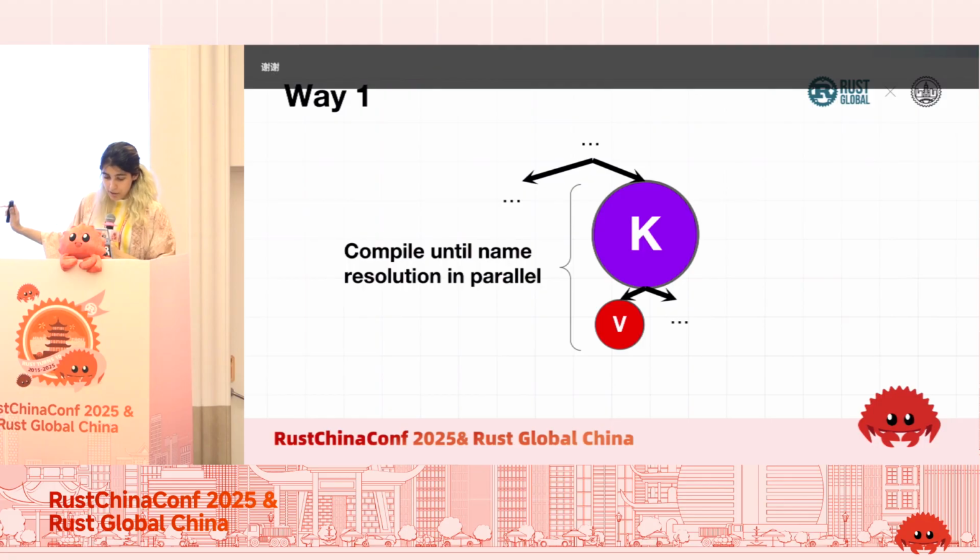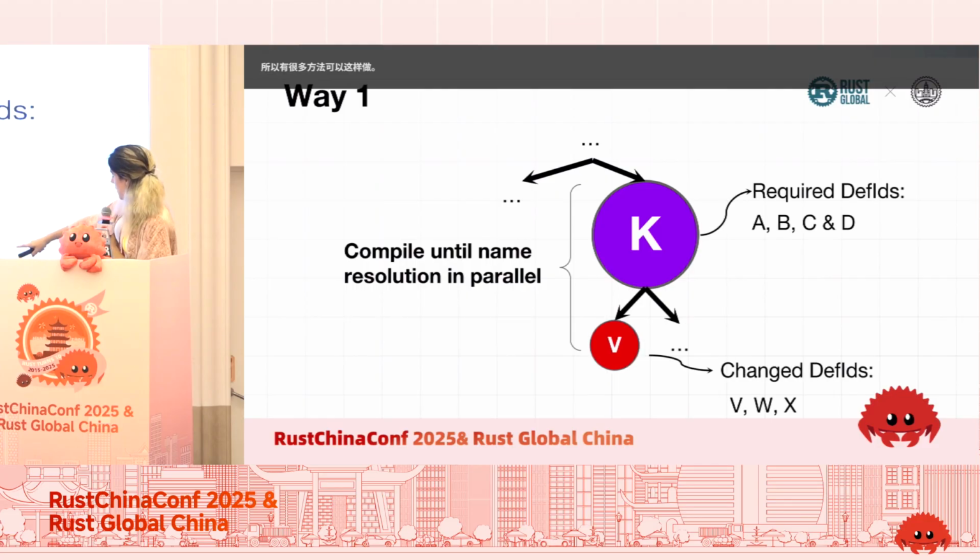So yeah, there are lots of ways to do this. The first way would be to calculate the two modules up to name resolution in parallel, and then compare if the dependent module needed any of the def IDs that were changed in the dependency.